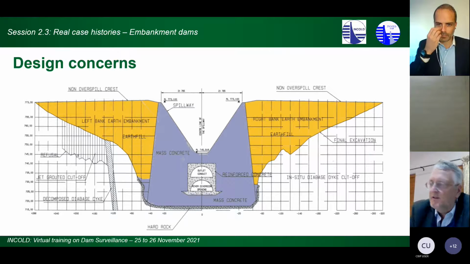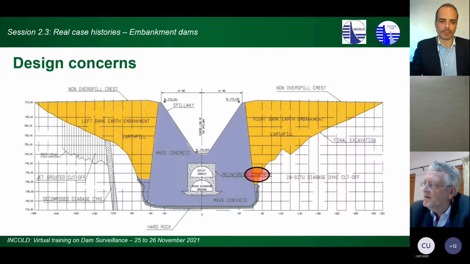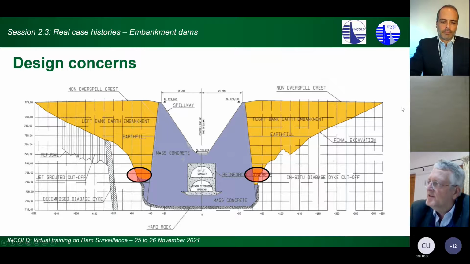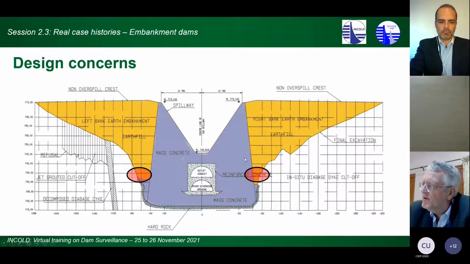If one looks at a section along the center line of the dam, then during design it was expected, because you have a concrete section here and then a fairly steep valley section as well, that you most probably will get some arching in these two areas.